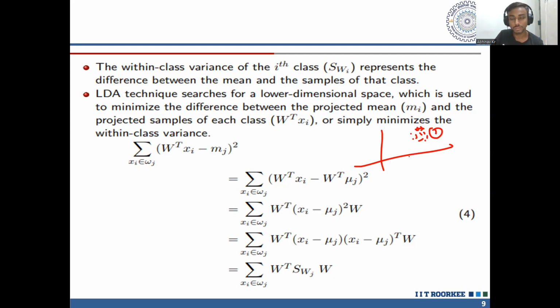Because you are using variance, you first calculate the mean of this class. So we get W transpose Xi minus W transpose mu j, where mu j is the mean of this class, the whole squared, and SW is the sum of all the variances of these classes. So we use sigma, right?